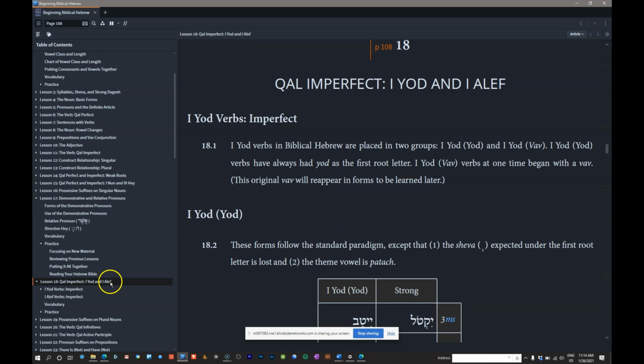So, for example, aleph is a guttural, and so one of the features of gutturals is that aleph cannot take a dagesh, and gutturals also do not like shewa.